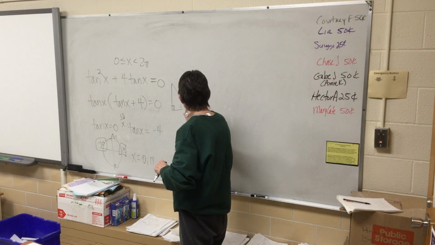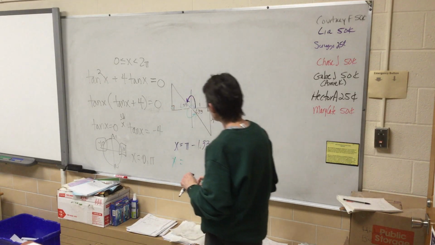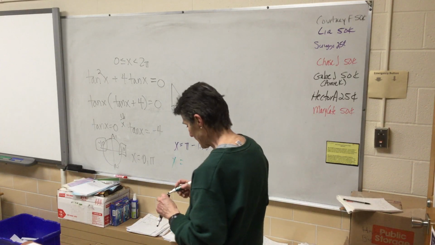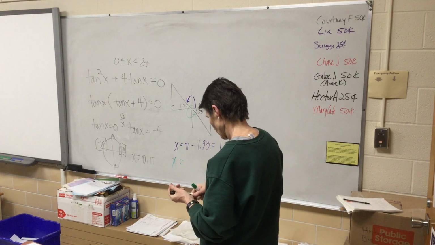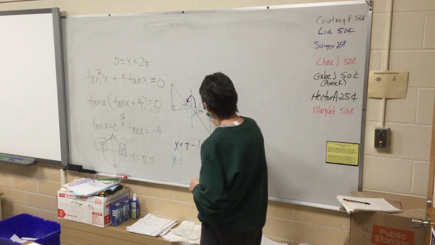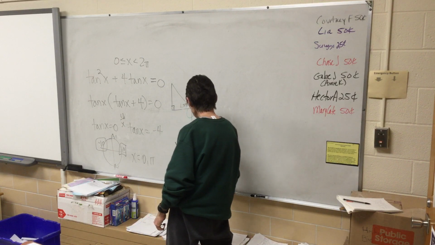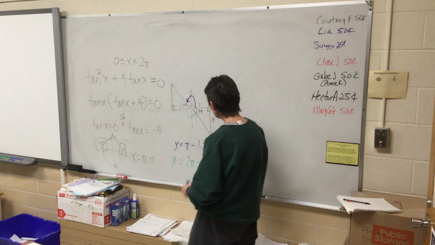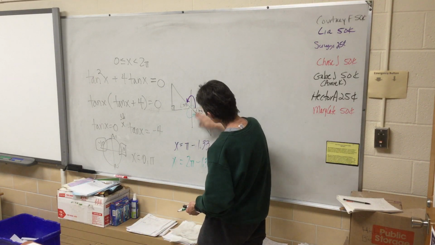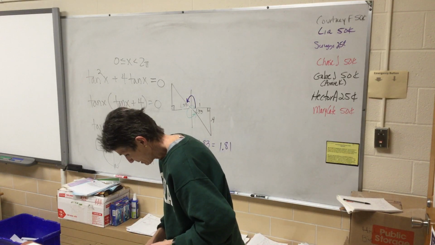Now, what about the green one? How am I going to find the big green angle? Yep, 2 pi minus 1.33. In degrees, it would be 360 minus that, but in radians, it's 2 pi.